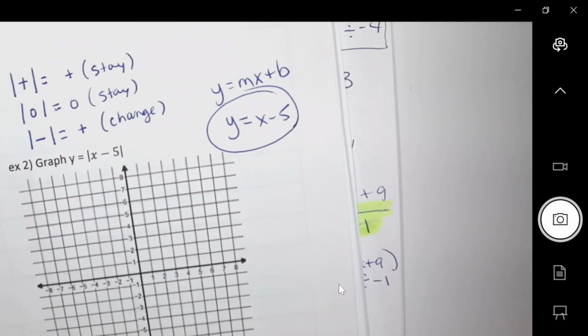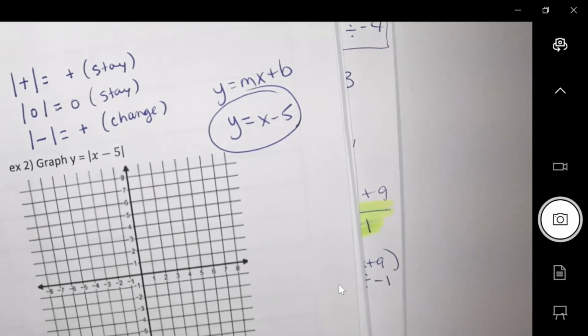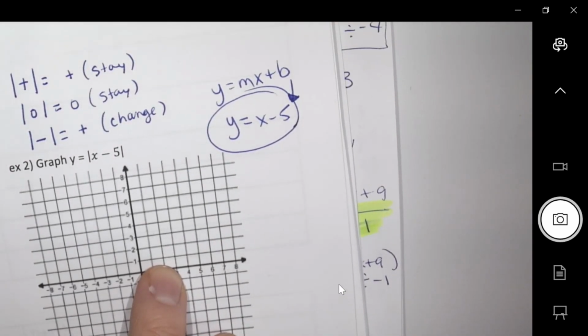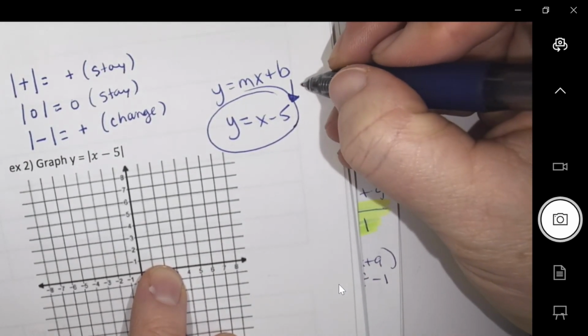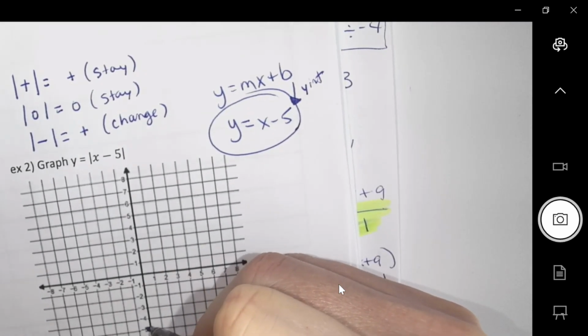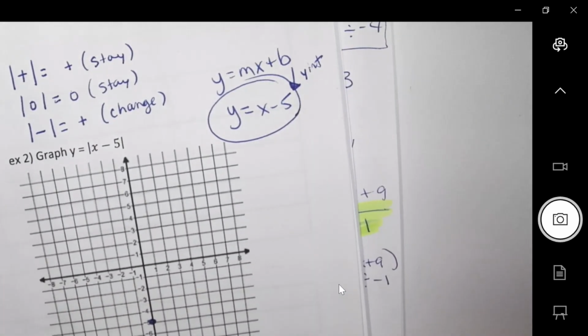Grade 10, you learned it. So what do we know? How did you start these in grade 10? What did you do? The b is the what on the graph? The y-intercept. So that's the y-intercept at -5.